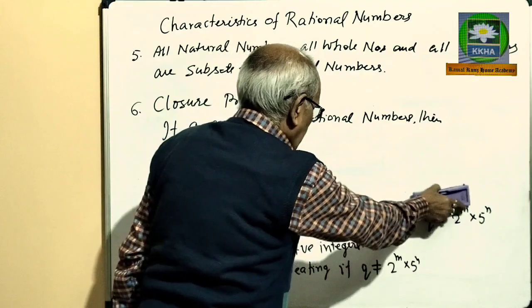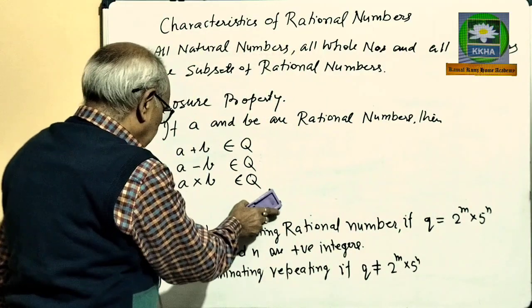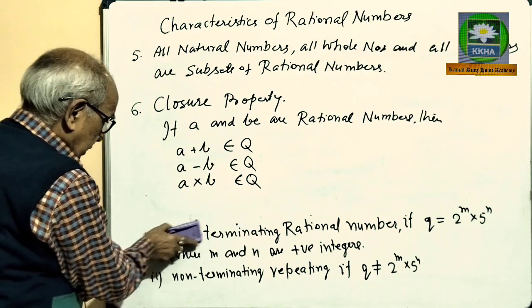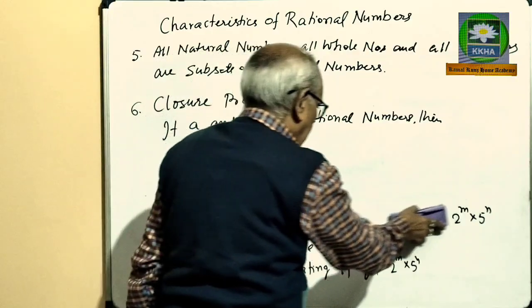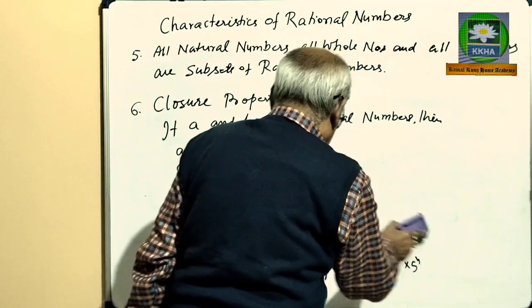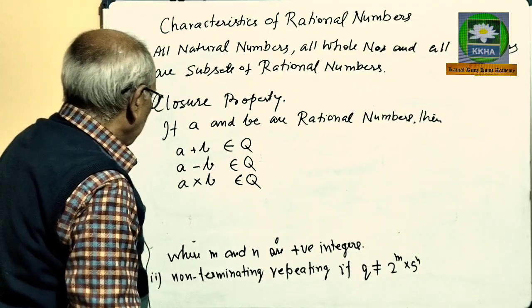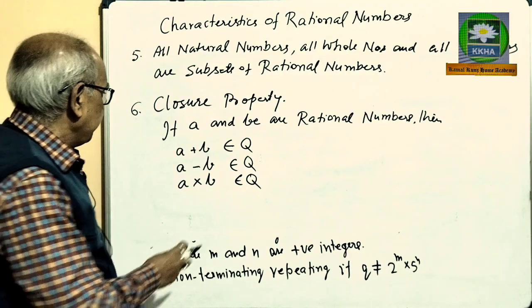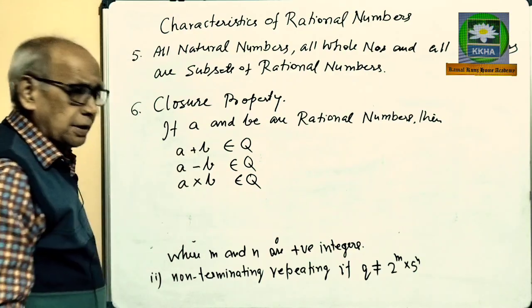It means they are closed. Rational numbers are closed for addition, subtraction and multiplication.